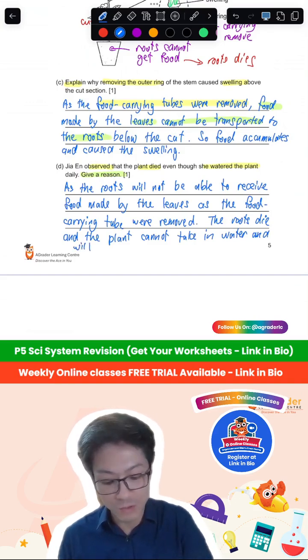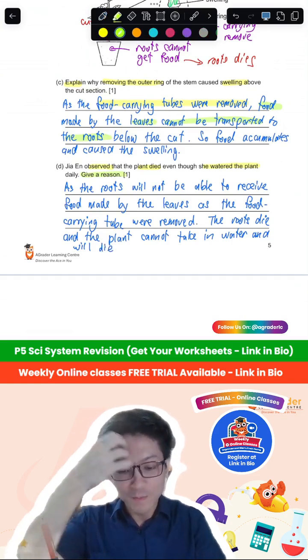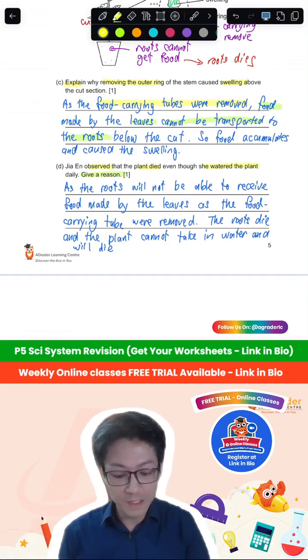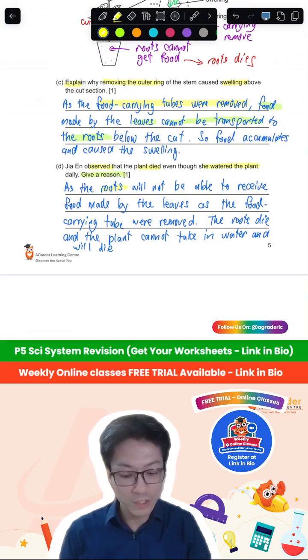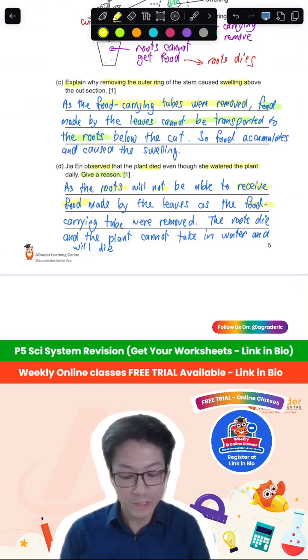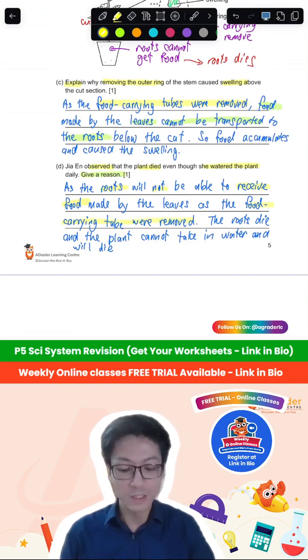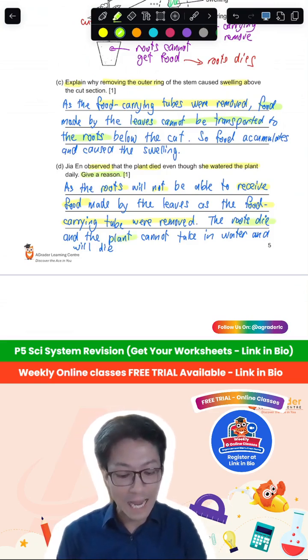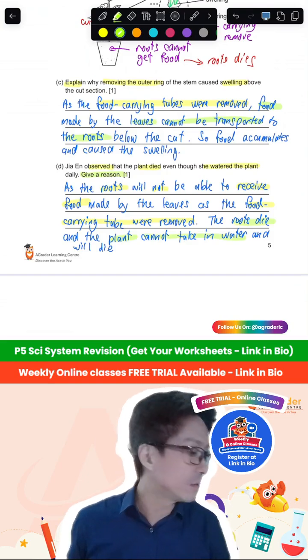I can actually go on, but I will just cut it short over here. The main idea to deliver is that the roots will not receive food because the food carrying tube were removed. So the roots will die, and eventually the plant cannot take in water.